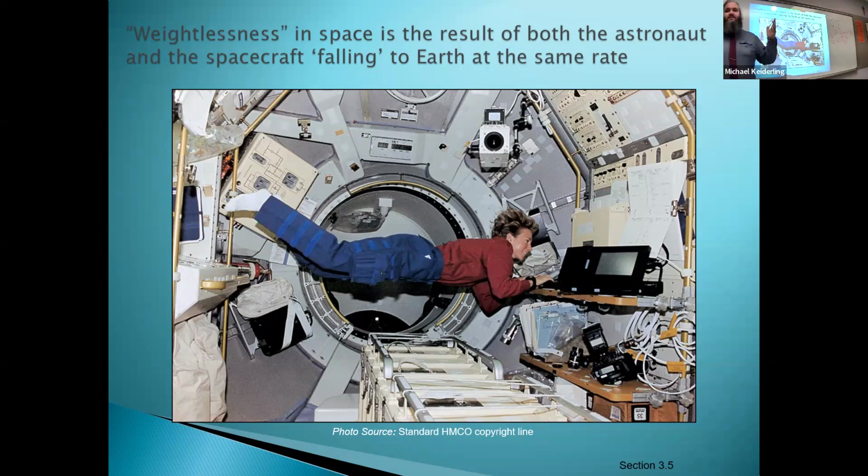You can calculate it. The International Space Station is about 400 kilometers up, so you'd add about 400 to the radius, and you'll get around 8.7 instead of 9.8. So they are in fact accelerating, but the weightlessness is because the astronaut and the spacecraft are both falling towards Earth at the same rate.